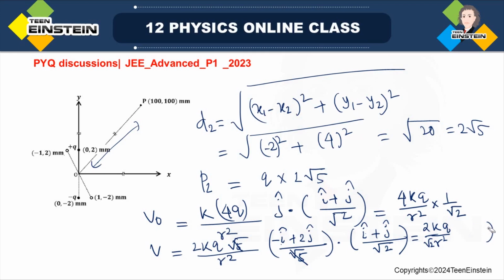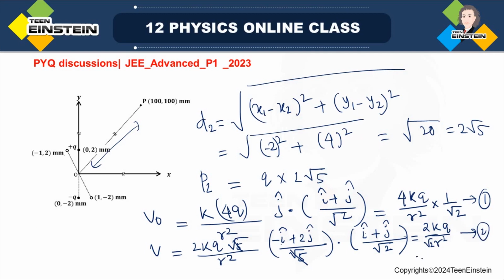Now look at what I get. This one is the value of V0 and this is equation number 2, the value of V. Now I am just comparing. What I have less is this one.